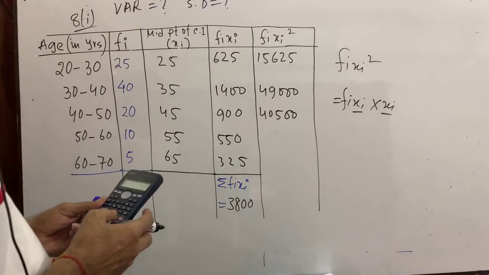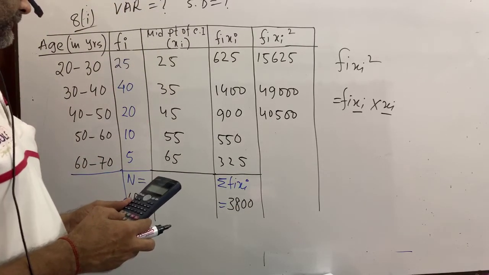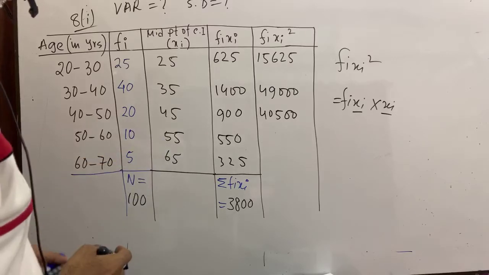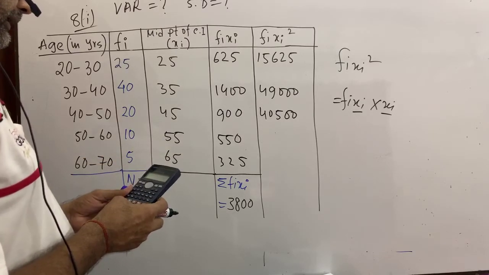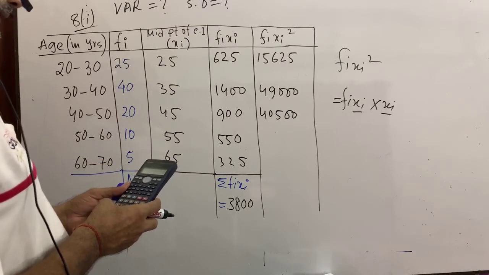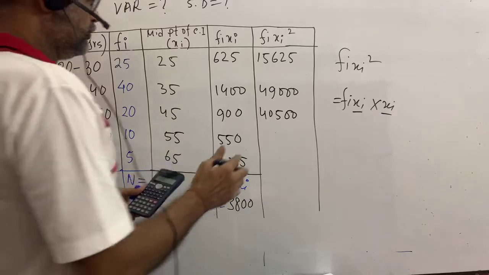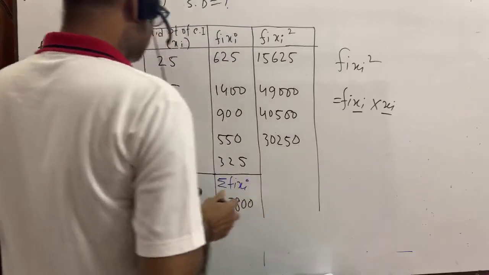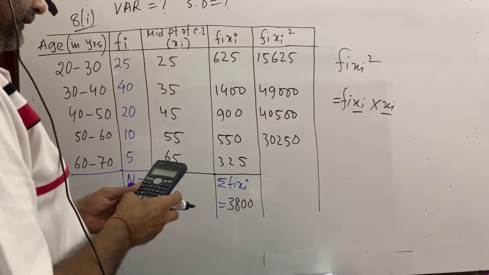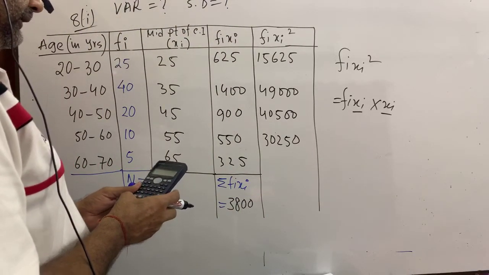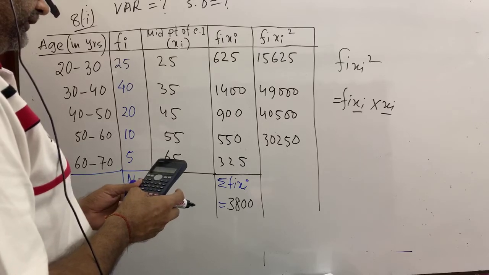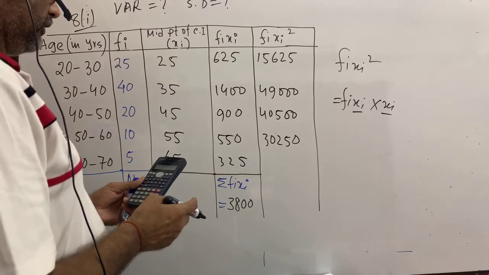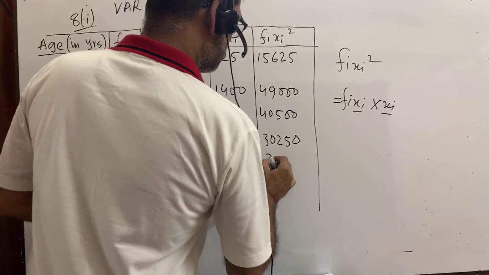Okay, then 550 into 55, I can do it: 30250. Then 325 into 65 is equal to 21125.